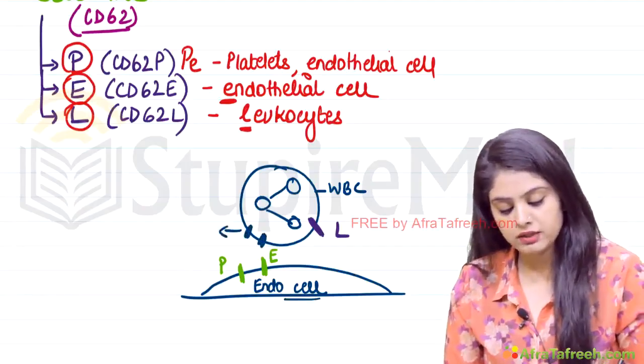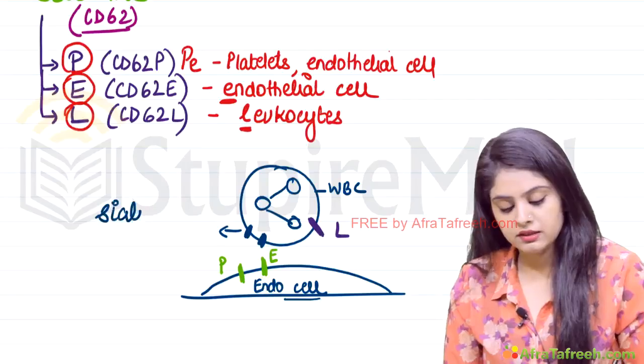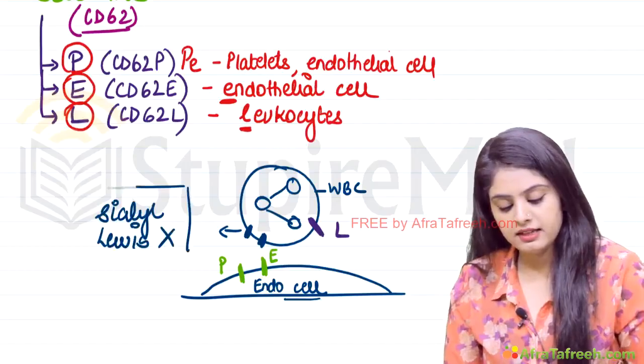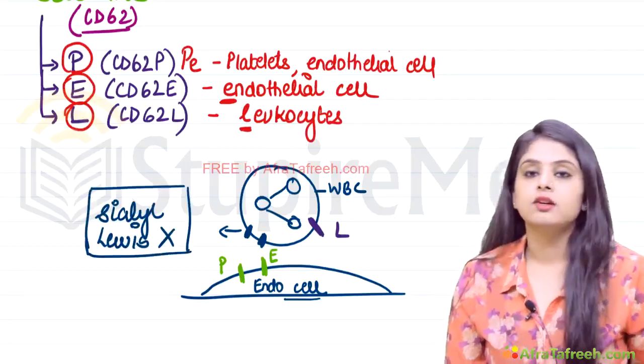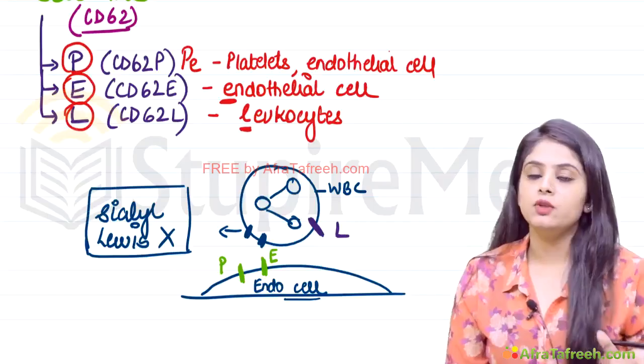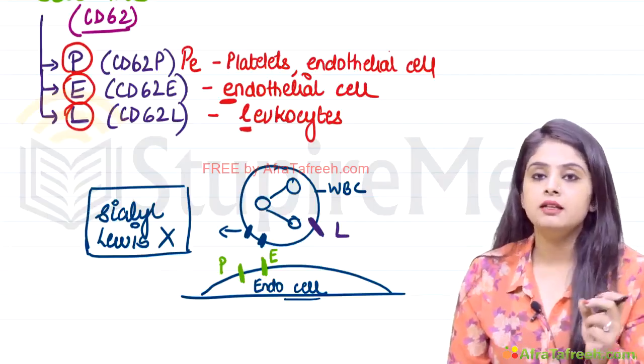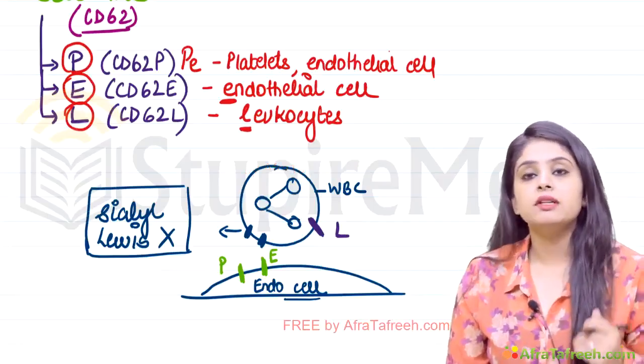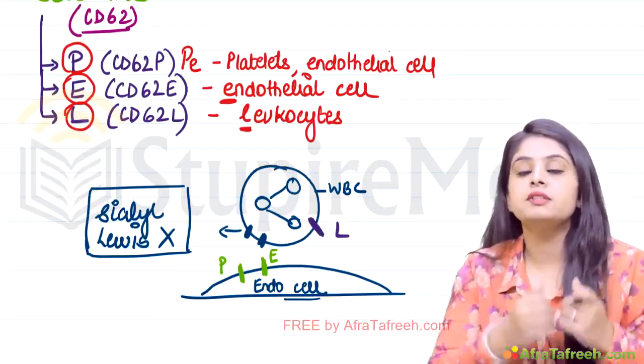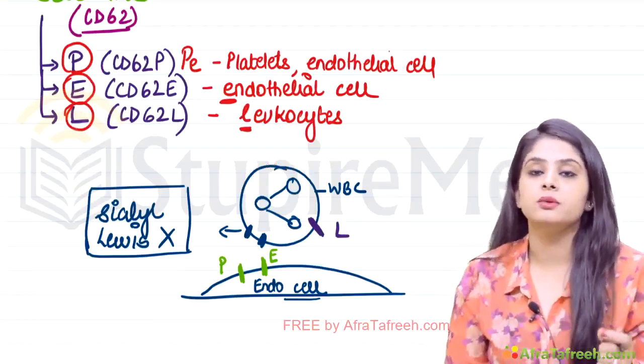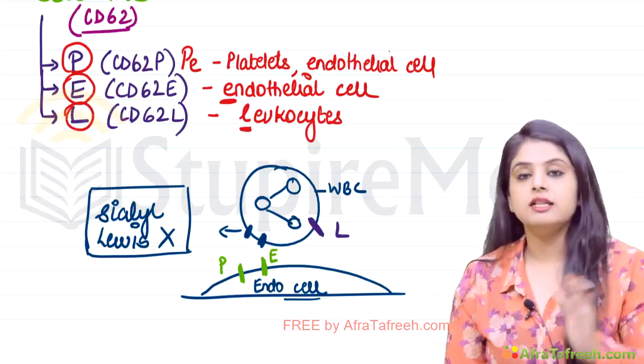That is something known as a sugar, that is sialyl Lewis X. So please remember P and E, you will always remember by the term PE, endothelial cell. But what is their corresponding molecule on the WBC with which it will bind? Sialyl Lewis X.